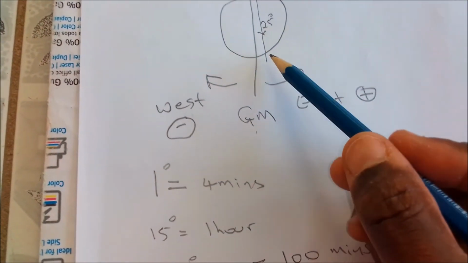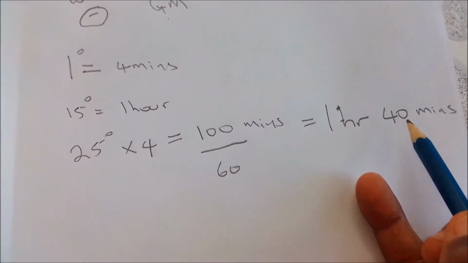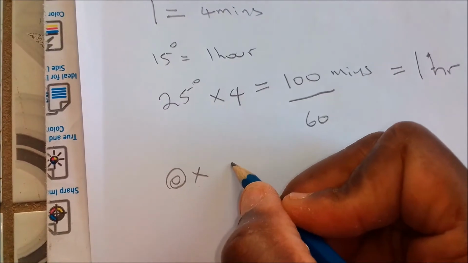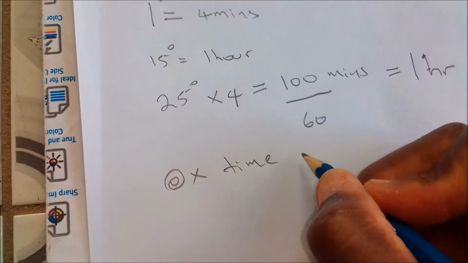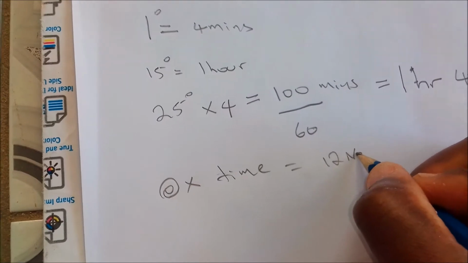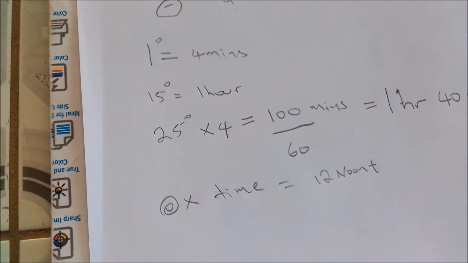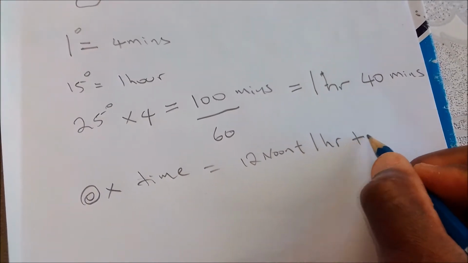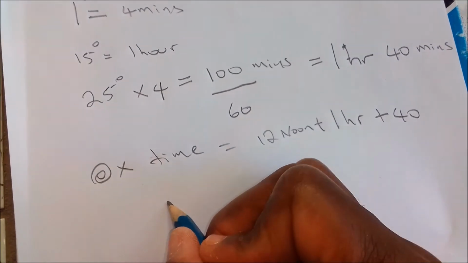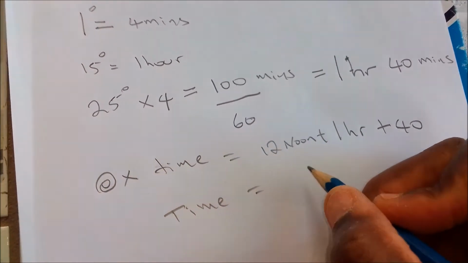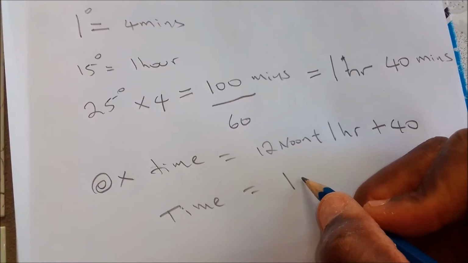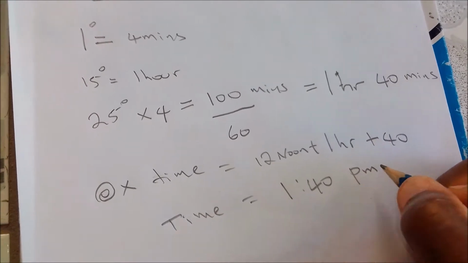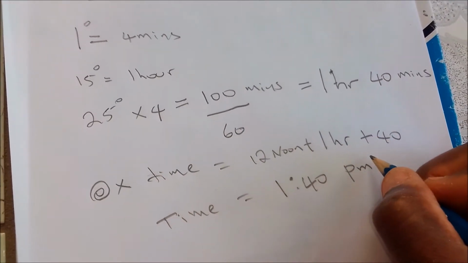After finding the 1 hour and 40 minutes, I would say at X, time equals 12 noon plus 1 hour plus 40 minutes. Time equals 1:40 p.m., because remember, we are adding time.